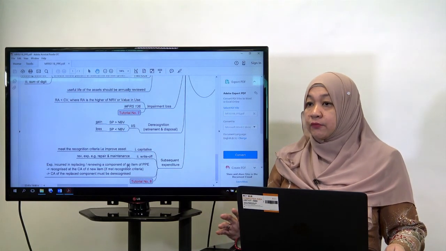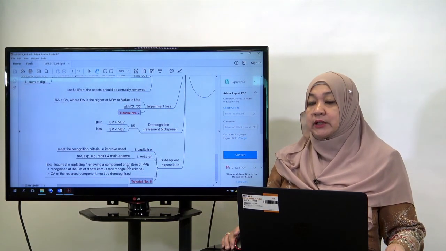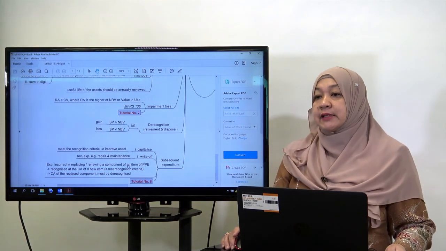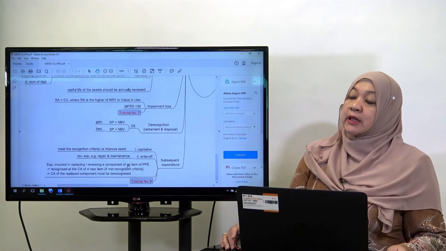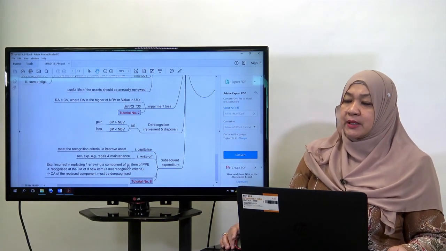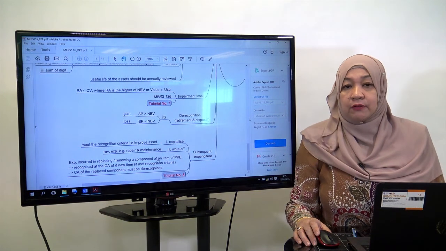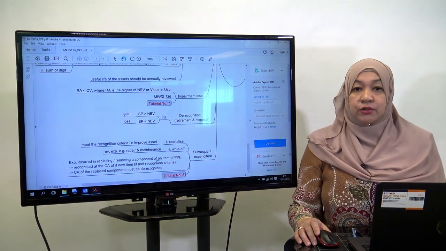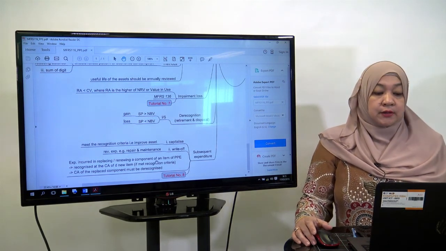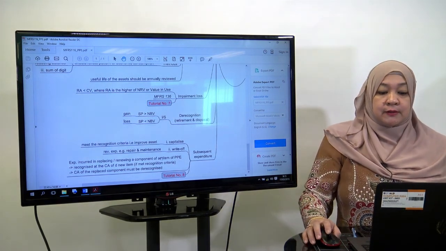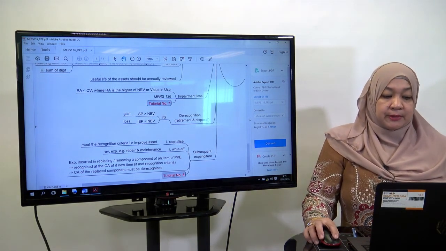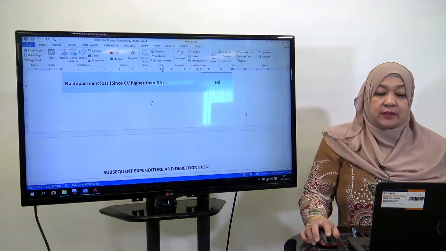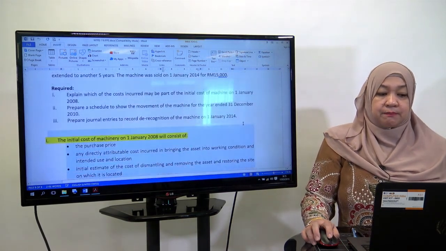Now the value of the old air condition has to be derecognized, meaning that particular amount has to be taken out from the motor vehicle account and replaced with the value of the new component. Right? So let's look at tutorial number 8 to further understand this topic.